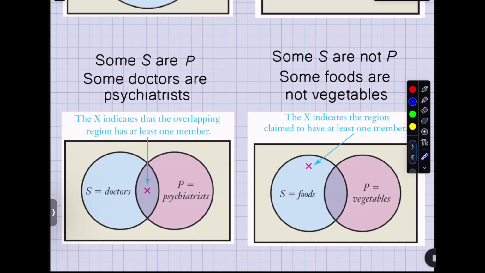But it also means that there are doctors that are not psychiatrists, and there are some psychiatrists that are not doctors. Okay? We have to make sure we separate that. Doctors that are not psychiatrists, doctors that are psychiatrists, or psychiatrists that are doctors, psychiatrists that are not doctors.